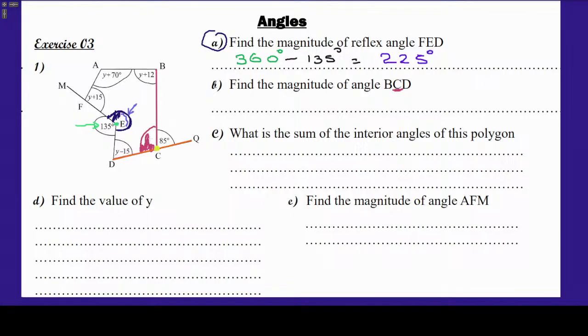When we add this red angle with 85, the answer has to be 180. So how to find the red angle's value then? Both the angles together make 180. From that we subtract 85 to find out the red angle's value, which gives us 95 degrees.